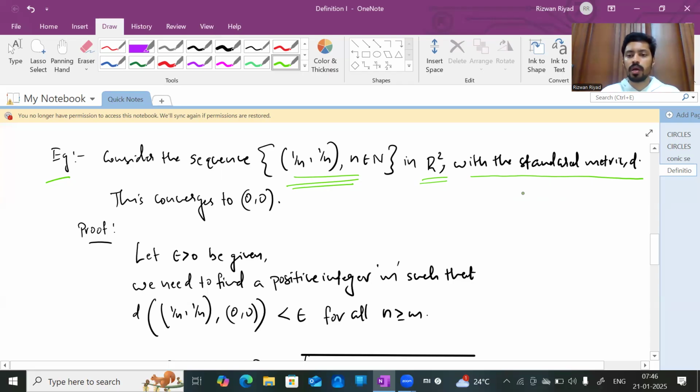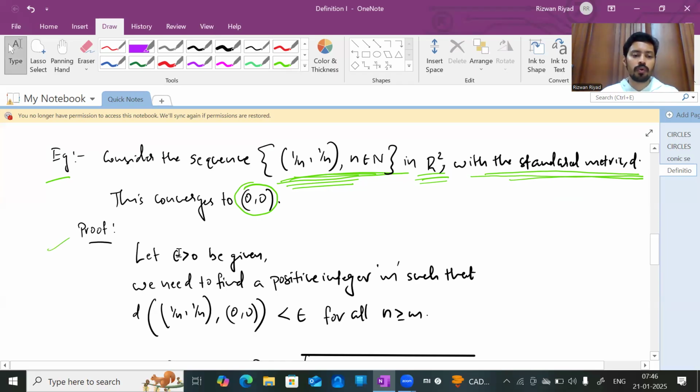We are taking the standard metric d, and we can say that this sequence in R square with the usual distance will converge to which point? It will converge to the ordered pair (0, 0). I will prove that here.